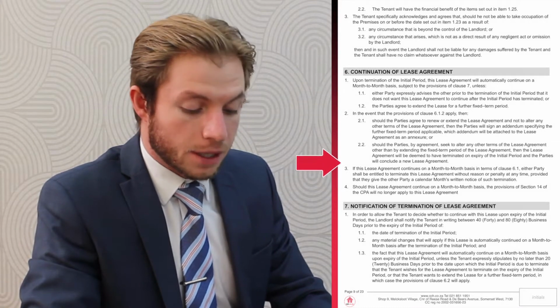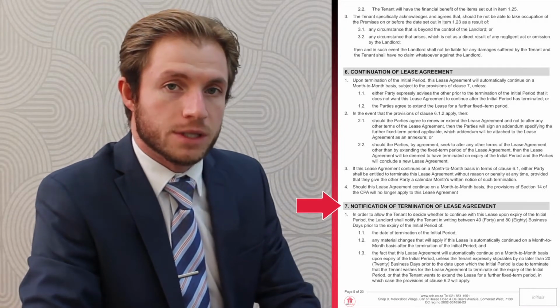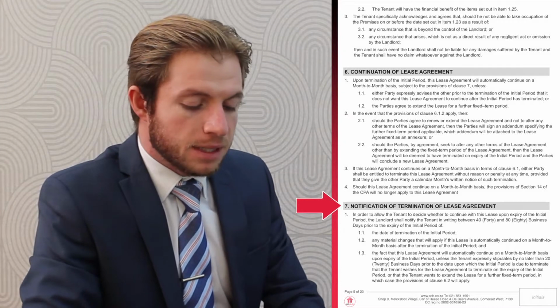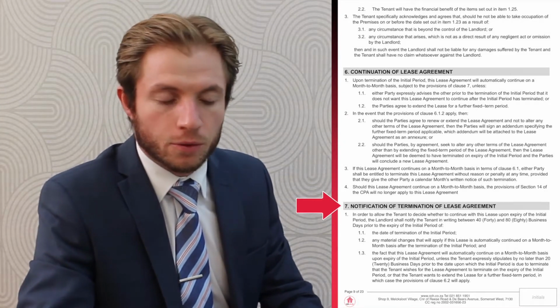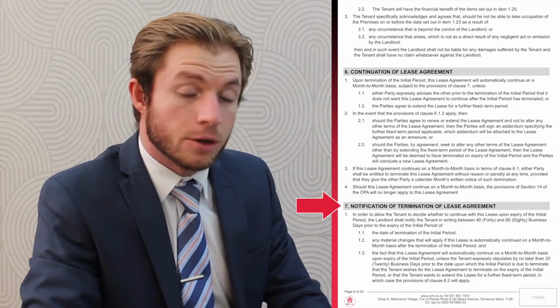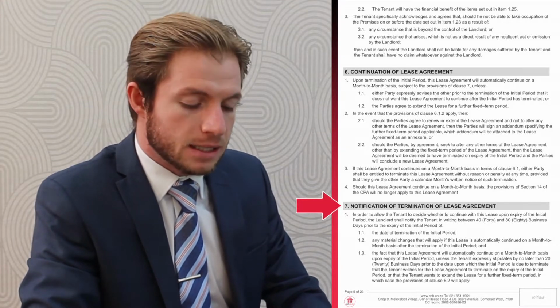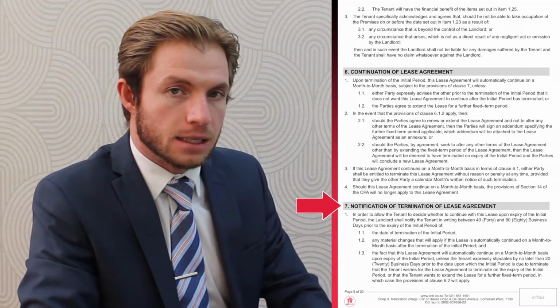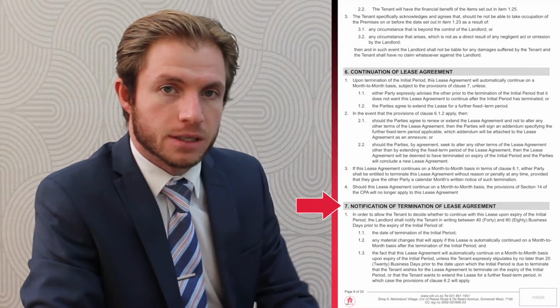Then termination of the fixed term lease agreement, the one that you will be signing. Please take note that there is a duty on the landlord, and therefore also the landlord's agent, to notify you, the tenant, at least 40 days, but not more than 80 days before this lease agreement expires.